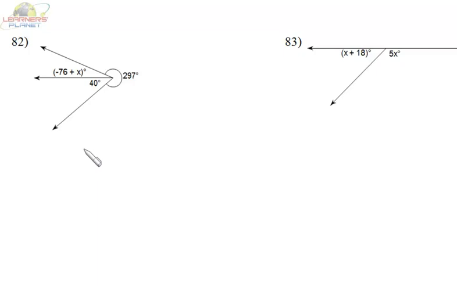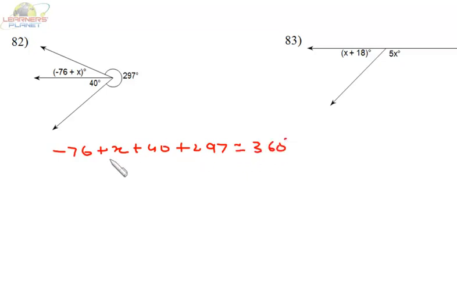Now just see here. This complete angle is 360 degree, the center angle, or we can say the angle of a circle, center angle of a circle is 360 degree. That means this plus this plus this is 360 degree. So just write the equation. Minus 76 plus x plus 40 plus 297 is 360.